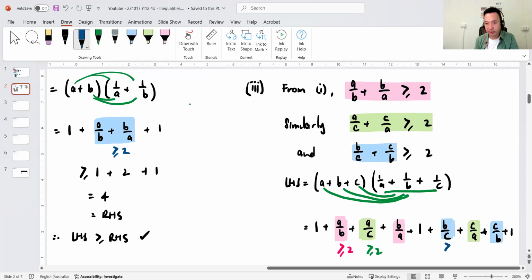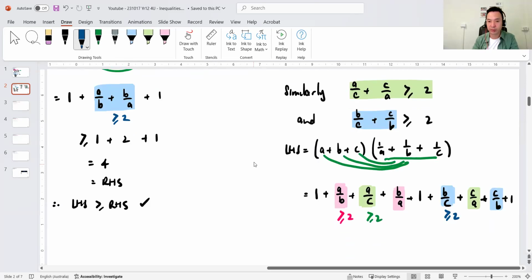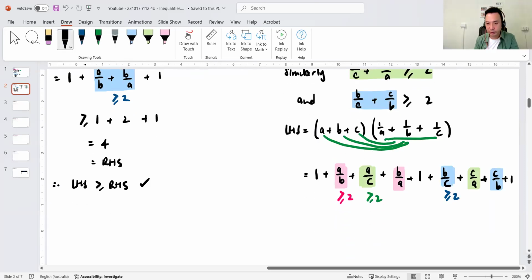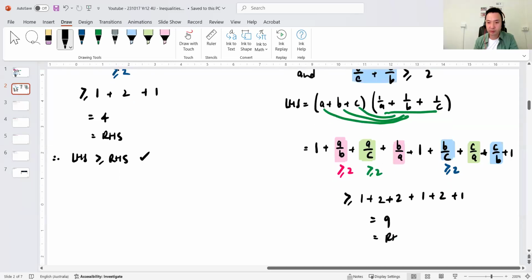They are bigger than or equal to 2. And then there's 3 ones there. So then this expression would be greater than or equal to 1 plus 2 plus 2 plus 1 plus 2 plus 1, which equals 9, which is the right-hand side. And then I'm done. Therefore, left-hand side greater than or equal to the right-hand side.